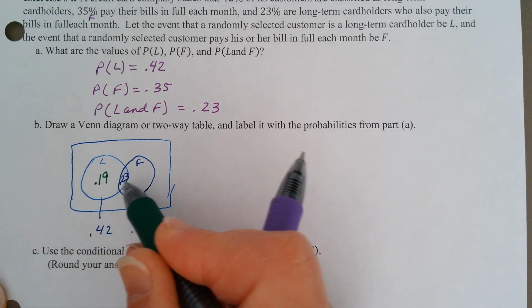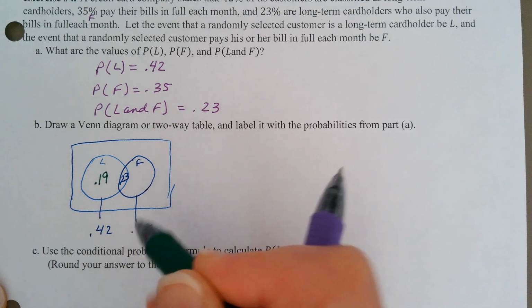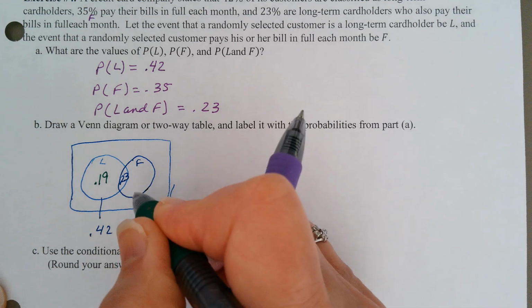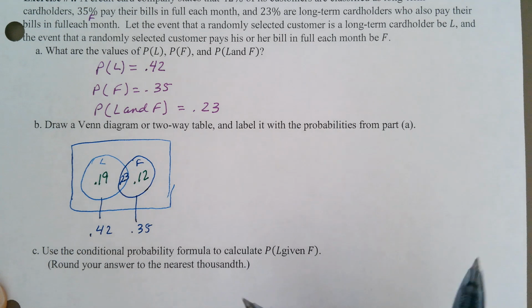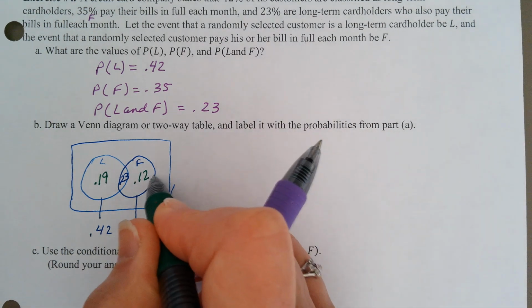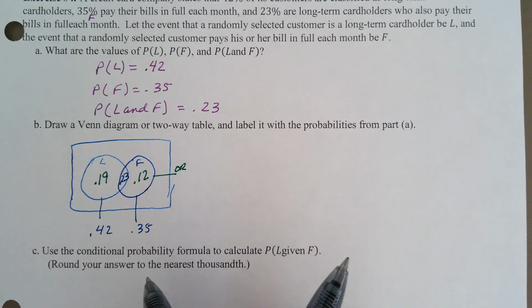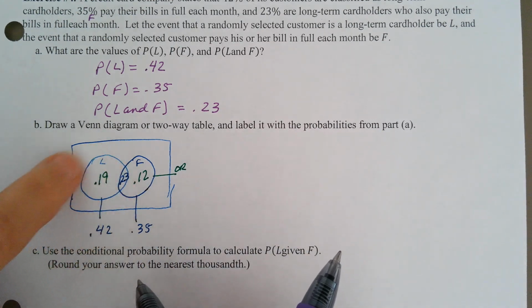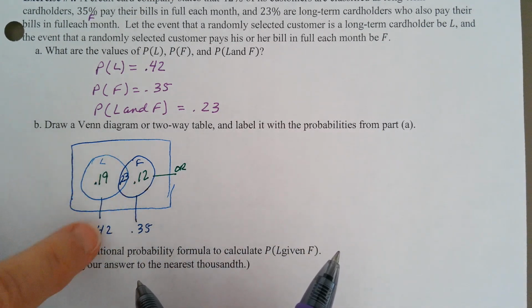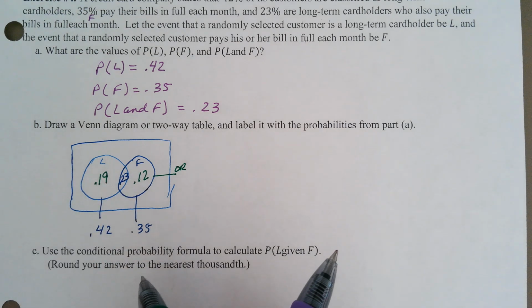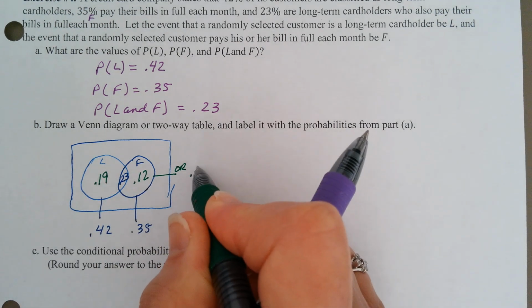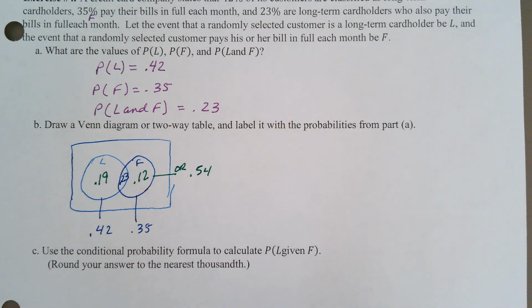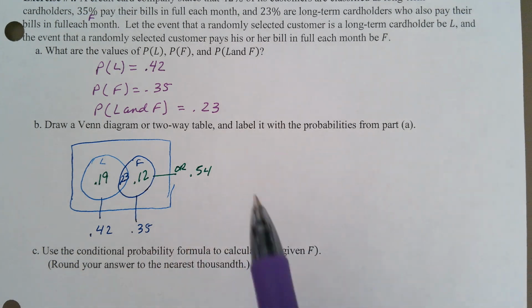And 0.23 plus what would give me 0.35? 0.12. The OR would be this, which is 0.42 plus 0.12, 0.54. Okay, so we did more than what it asked for.